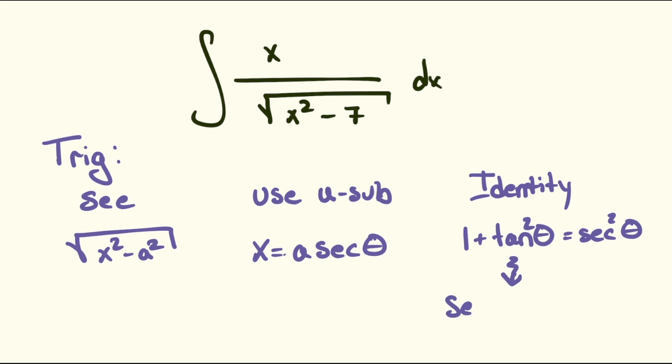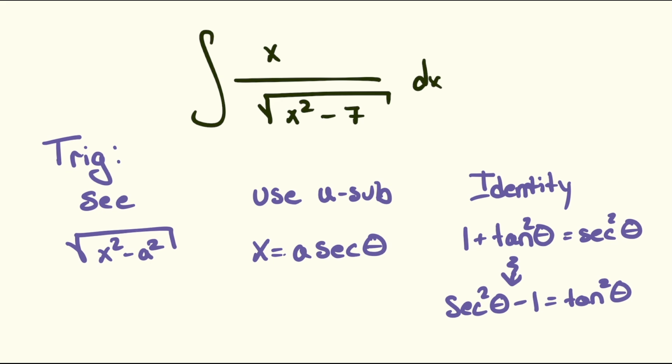We'll see secant squared theta minus 1 is equal to tangent squared theta. So we're just rearranging that equation a little bit, and that's how it's going to be used. There are 3 different basic trig subs for integration, and this is one of them. The other 2 work very, very similarly.